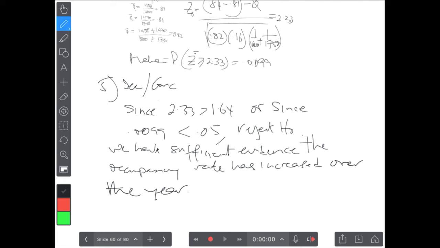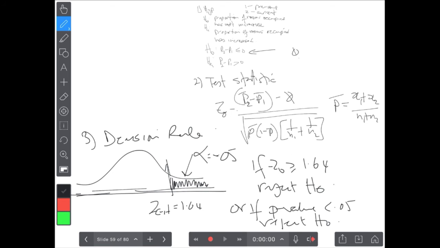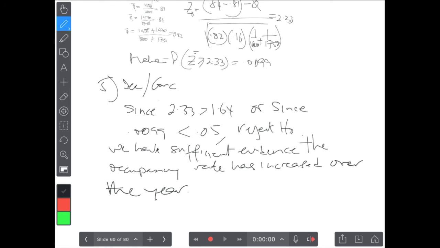Now, I know I didn't state it exactly how I stated my hypotheses. I should have said the proportion of rooms occupied has increased, but that's the same as the occupancy rate, the proportion of rooms occupied. So I've just restated it in a manner that is still consistent. We have sufficient evidence that the occupancy rate has increased.